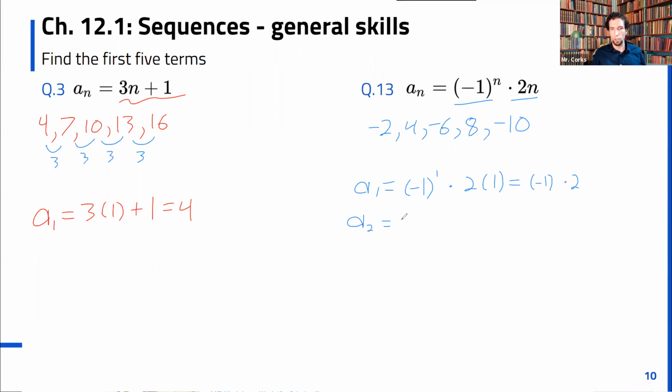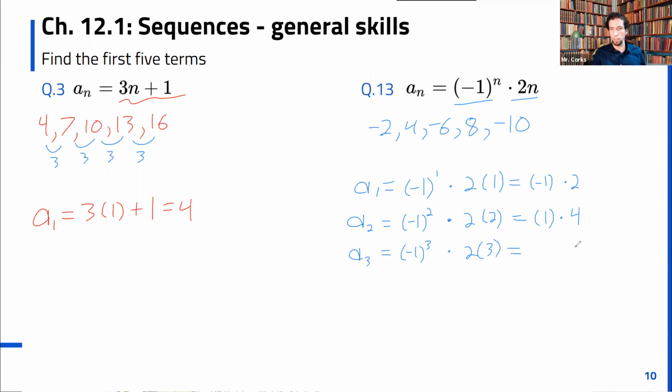A2 here is negative 1 squared times 2 times 2. So that's a 4. And a negative number squared turns into a positive number, so that's a positive 1 here. Then if we do A3, negative 1 to the exponent 3, 2 times 3.